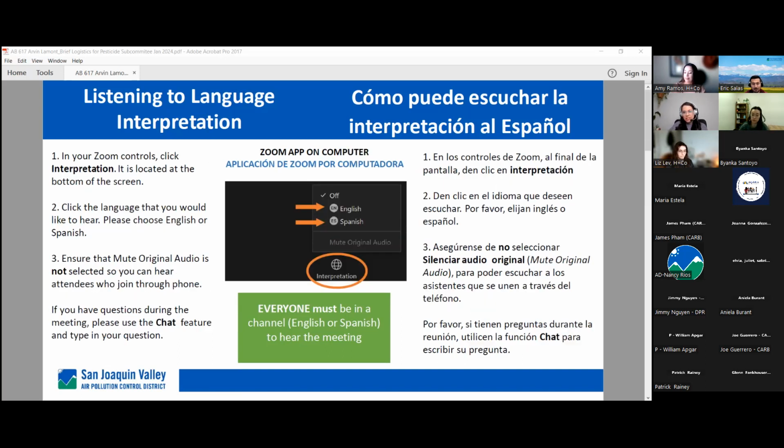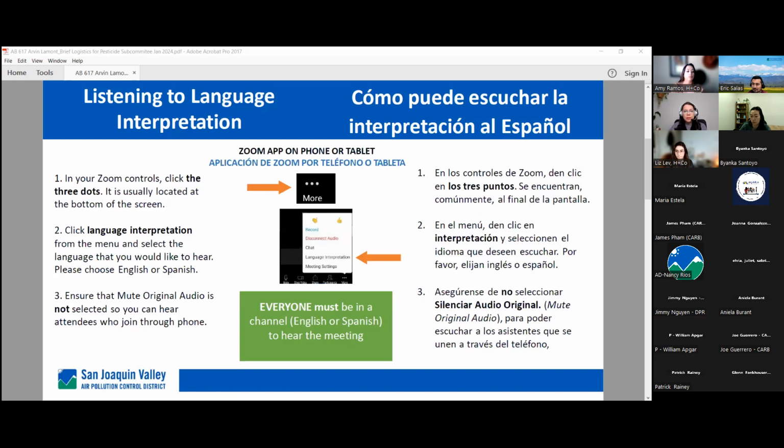Hello, everyone. This is just a reminder that we already have the interpretation ready for you. So if you're a monolingual English speaker, we do ask you to please select the English channel. That way you can have that immediate communication from Spanish into English. If you're joining with a computer, you'll see a globe at the bottom of your screen. Please click on the globe and select the English channel. If you're joining with a cell phone or a tablet, your options are a little different.